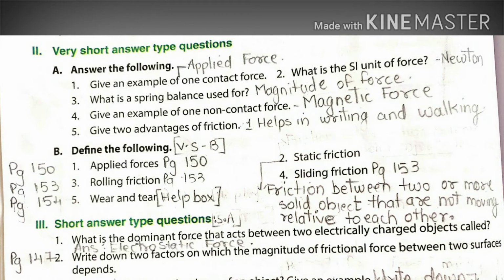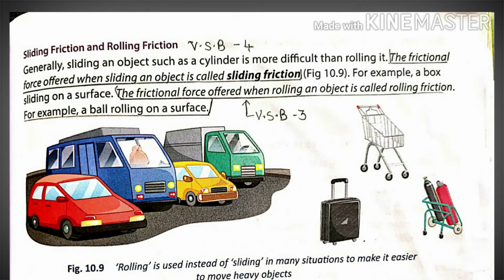Both are on the page number 153. Now on page number 153, see on the top sliding and rolling friction. There I have written VSB4 and VSB3. First I will be reading the third answer. See the last two lines.